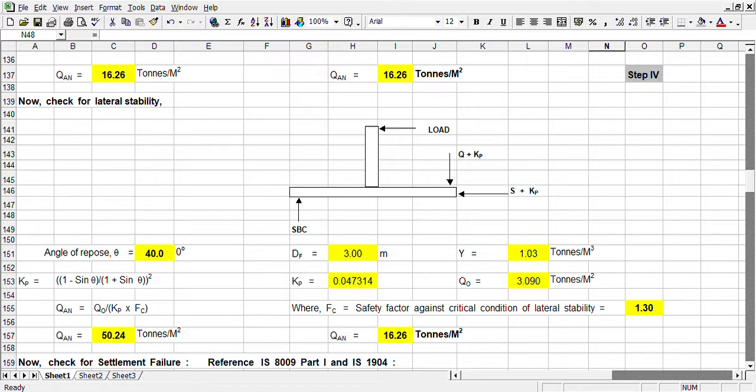So during horizontal load also our 16 ton is safe enough, and we are adopting a safety factor of 1.3 also. This equation is normally available in most foundation engineering handbooks, civil engineering handbooks, Leonard, P.N. Khanna, and Bowles.